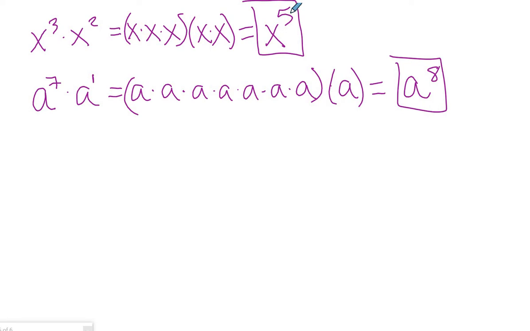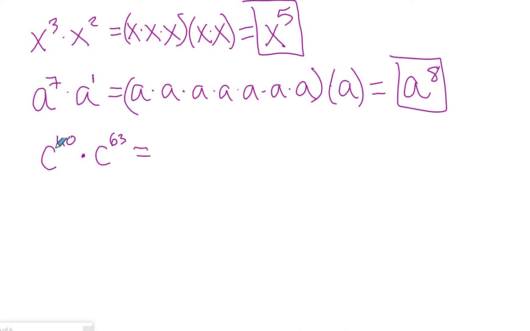And if you're really frustrated and you're really stuck, I will give you a clue. C to the 110th times C to the 63rd. Now let's look at this one. I do not want to write out C 110 times and then write out C 63 more times and then count them up in the end.